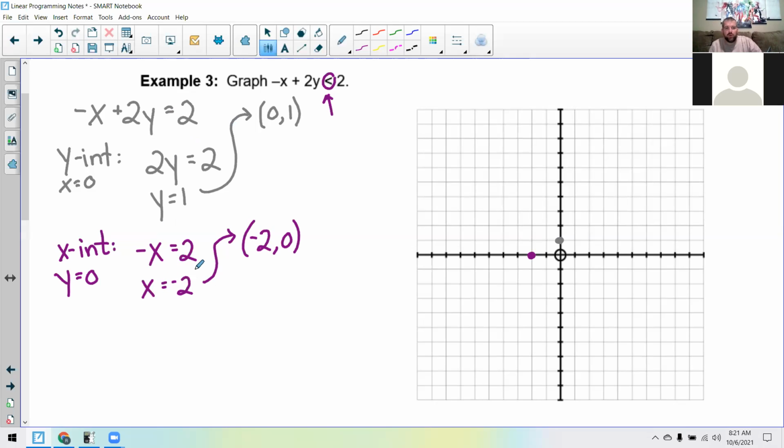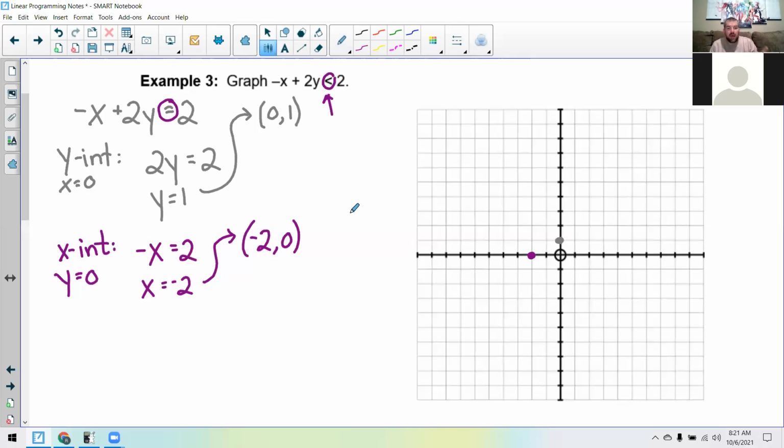But I switched it to an equation just to figure out where my intercepts were. And then I'll go back and figure out, is it dotted or solid? Does that make sense? Yeah, you're absolutely right. If I was solving this equation with an inequality, you definitely need to flip the sign. But I'm saying, don't even worry about that right now. I'm just looking at where the boundary is. So I'm going to treat this like an equal symbol. So we don't have to worry about flipping it.